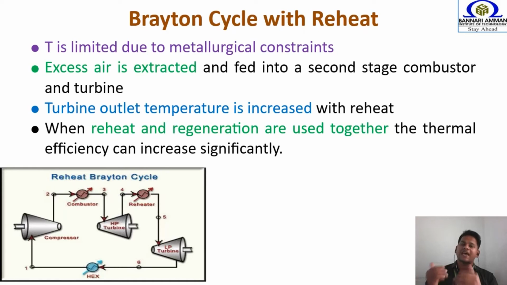The temperature of the gas coming out of the second stage expansion is very much higher. So you should be very careful with the last process, the isobaric heat rejection process, right? You have to remove more heat energy in that process. To avoid this problem, we can combine this reheat with regeneration, so that this technical issue is sorted out.